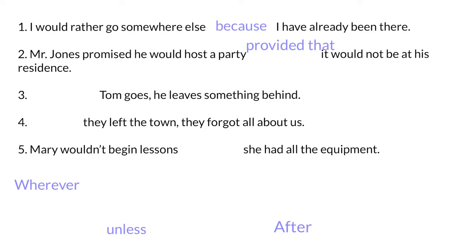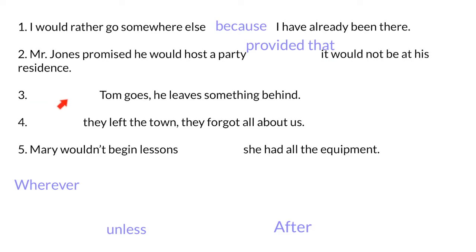So this subordinating conjunction, provided that, is used to show a condition. So Mr. Jones will promise that he will have a party only if it would not be at his residence. So we use this conjunction to show condition.